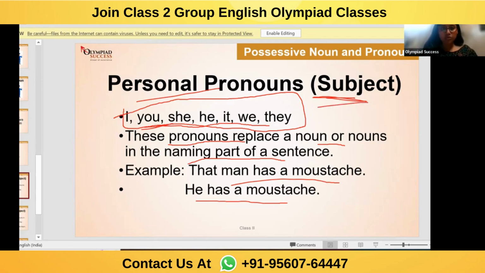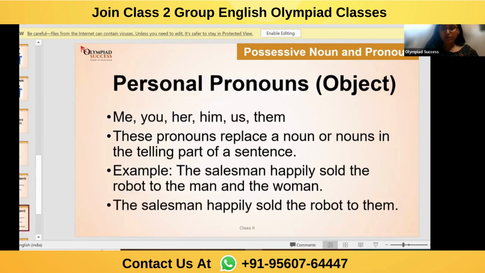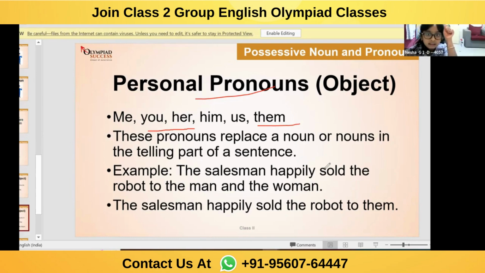Okay, let's see the object. Object always comes either in the middle part or the last part of the sentence. Who will read this? Can I read? Ma'am, I've not even got a chance.